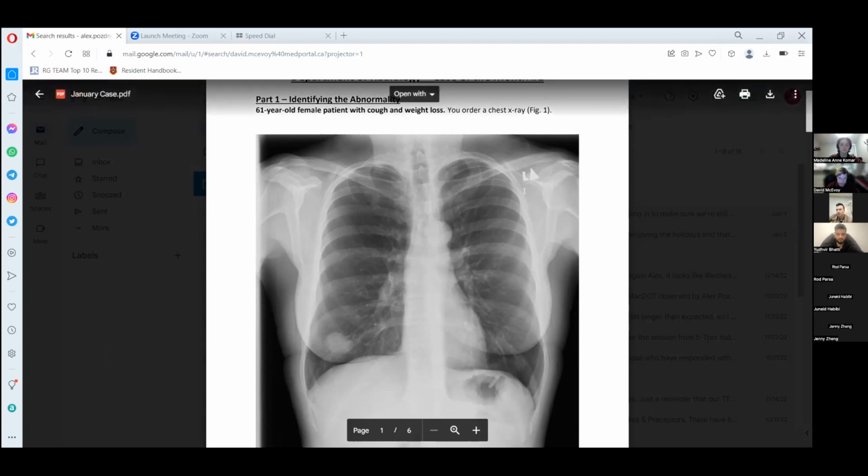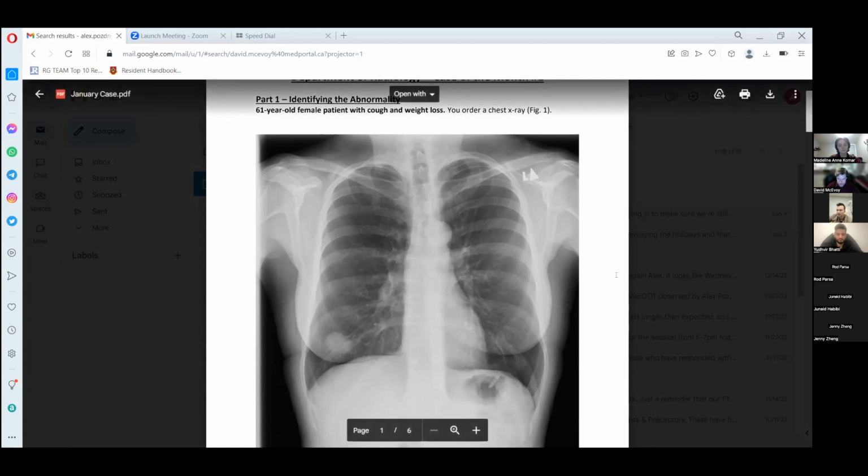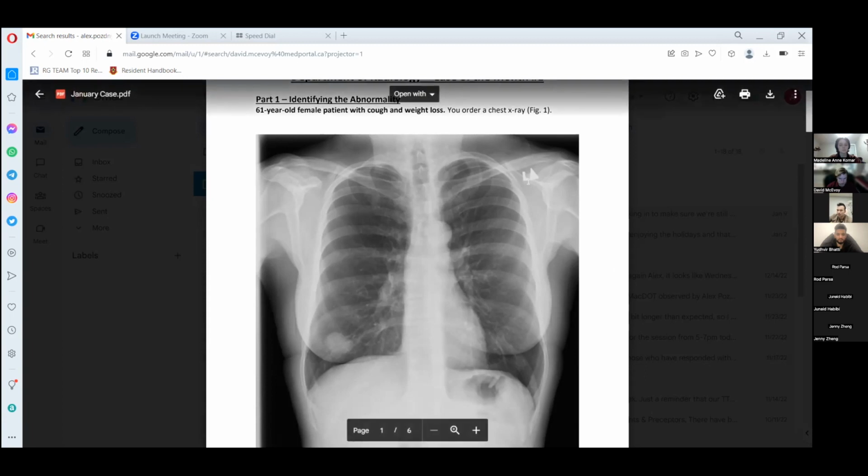So that, and also of course, not on this radiograph, but on any other radiograph, it's important to note any external or internal medical devices that the patient might have. You will see plenty of those, like pacemakers, different shoulder arthroplasties, whatever.